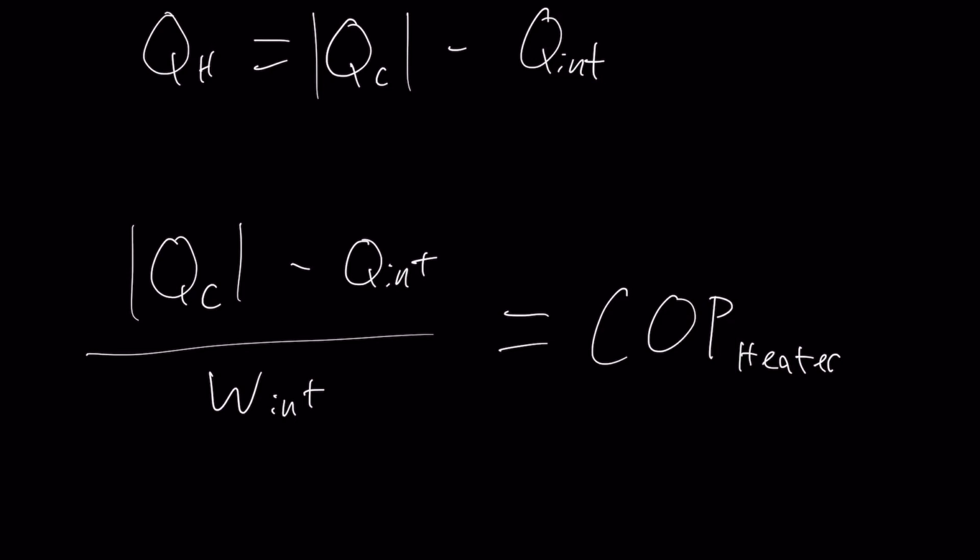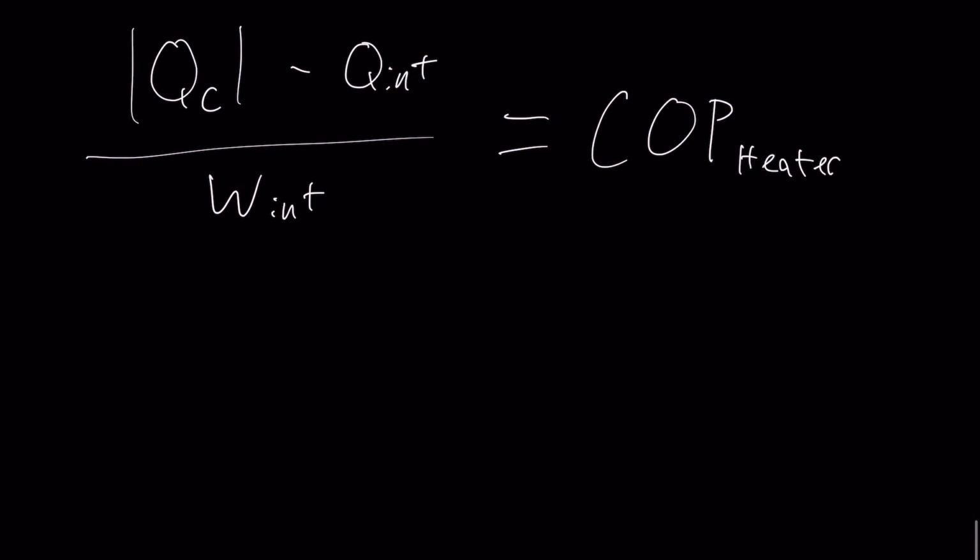We haven't done anything different as far as the right side of the equation. It still equals the coefficient of performance for the heater. This is awfully close, though, to the coefficient of performance for the freezer. All we got to do is somehow get rid of this Q internal, and we'll have ourselves Q cold over work internal. And we know that equals the coefficient of performance for the freezer.